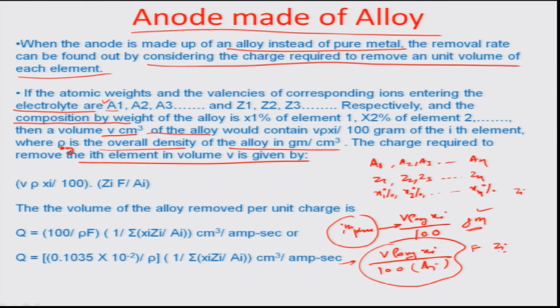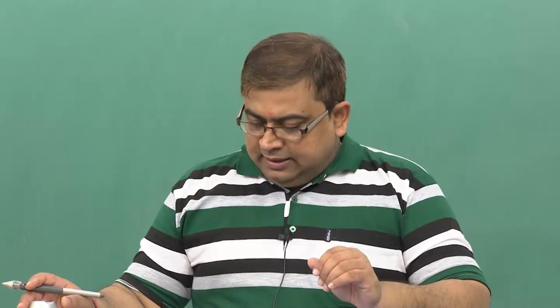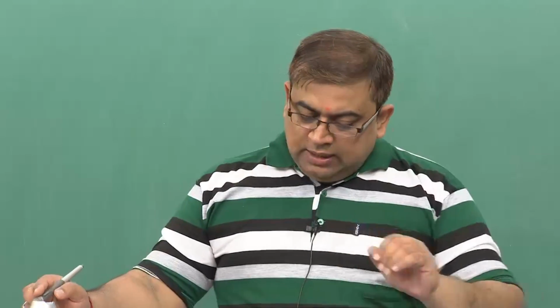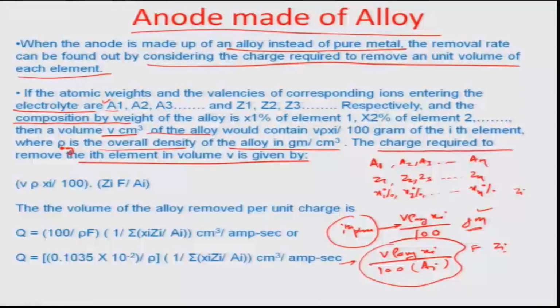So you need exactly Zi electrons to mobilize the ith species in the electrode. In other words, the total amount of charge required to remove the ith element in the volume V removed from the alloy is given by V rho average xi divided by 100 times ZiF by Ai.